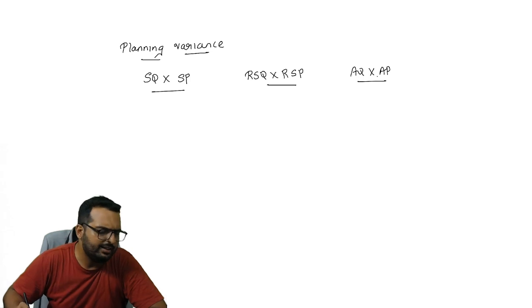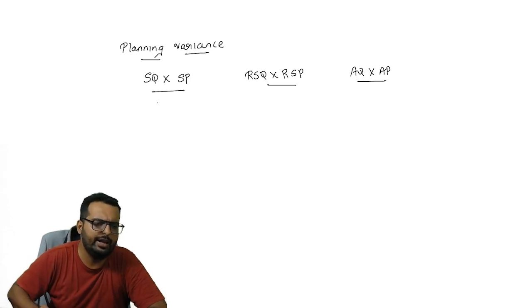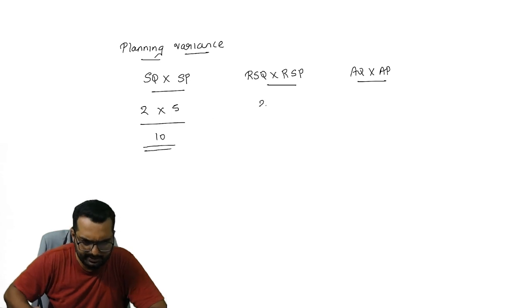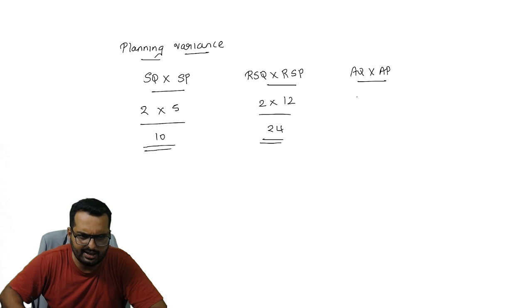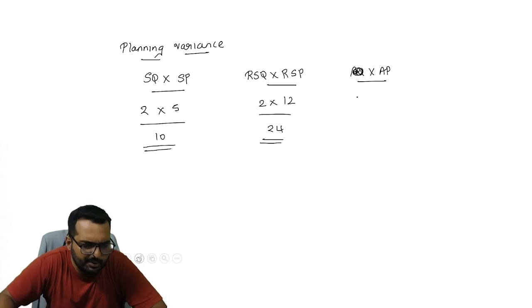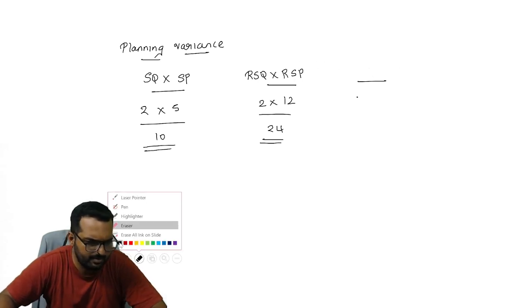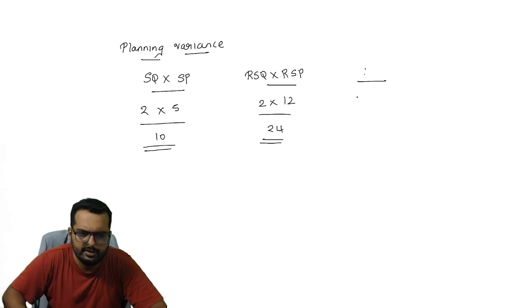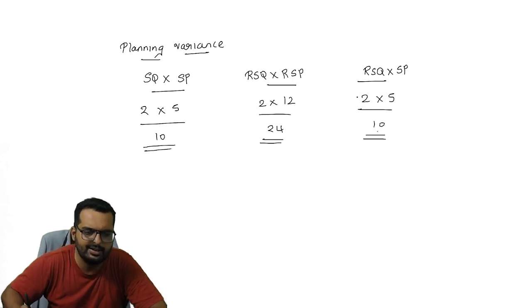And the last one will not be AQ into AP, friends, sorry. It will be RSQ into SP. So SQ into SP is 2 into 5, that is 10. RSQ into RSP is 2 into 12, that is 24. And RSQ into SP is 2 into 5, so you will again get 10.